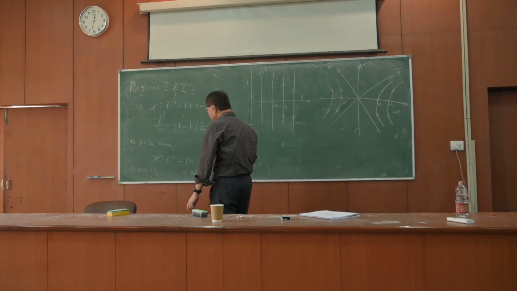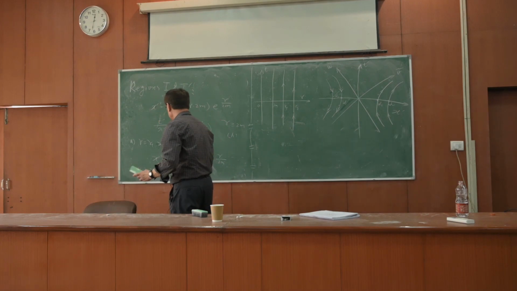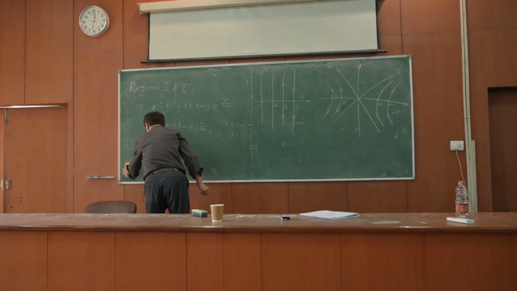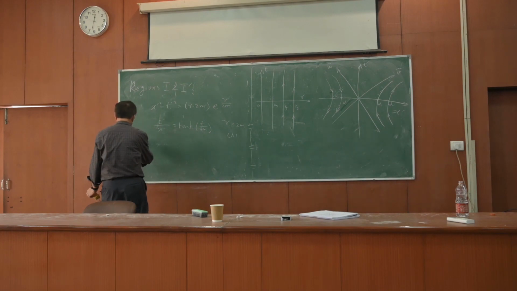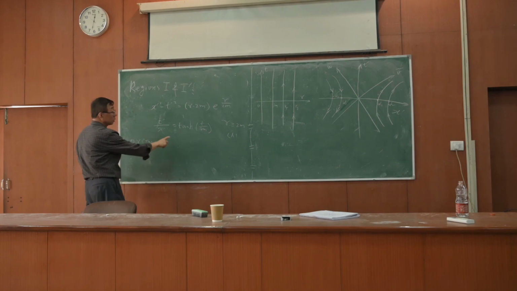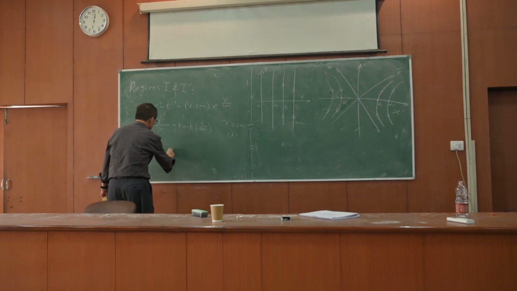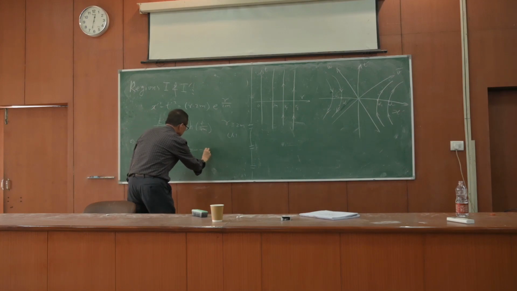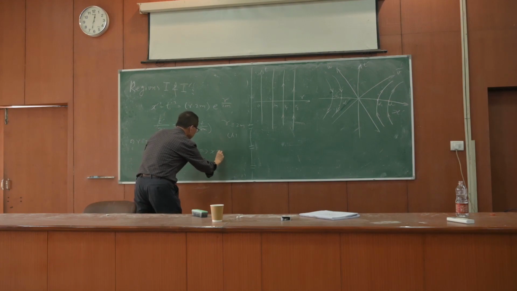Now, what about r equal to 2m? At r equal to 2m, this guy is equal to 0, right? So x prime squared minus t prime squared equals 0. And this is x prime equal plus or minus t prime.